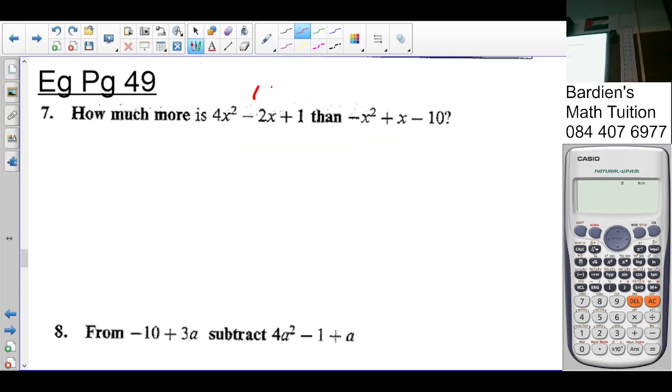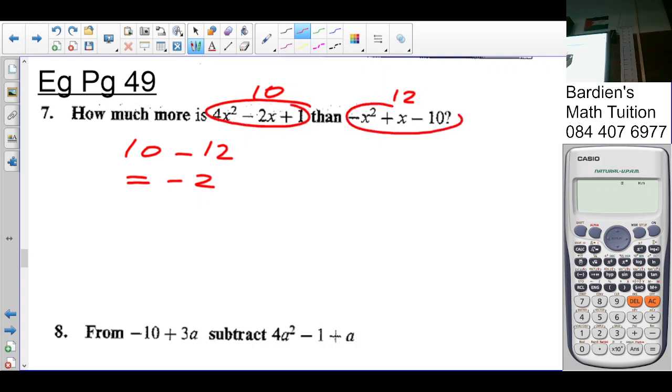So if this number was 10 and this number was 12, for argument's sake, how much more is 10 than 12? What calculation would I have made? I would have said 10 minus 12. And 10 minus 12 is negative 10. Not so? Now, likewise, how much more is that than that?